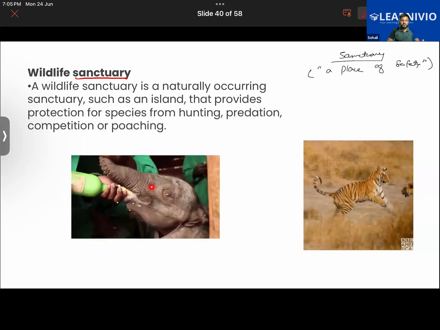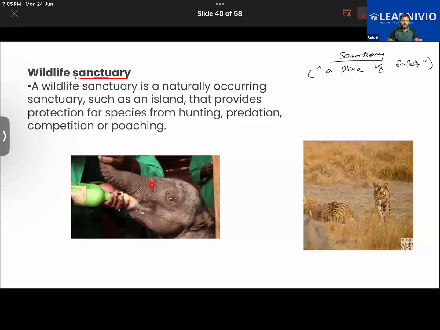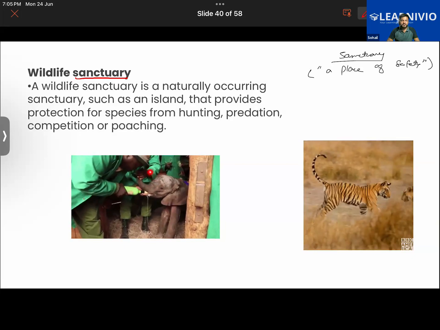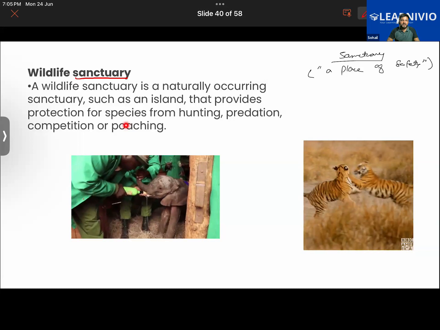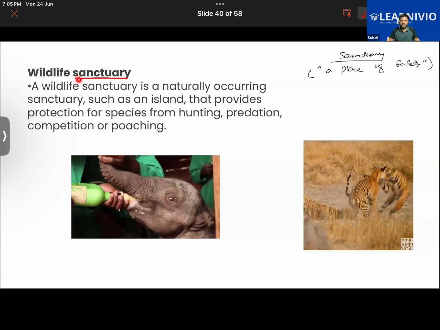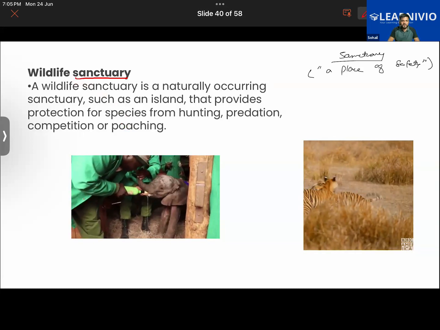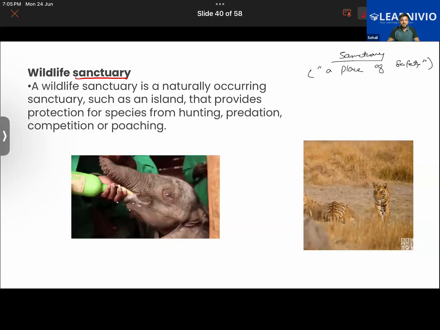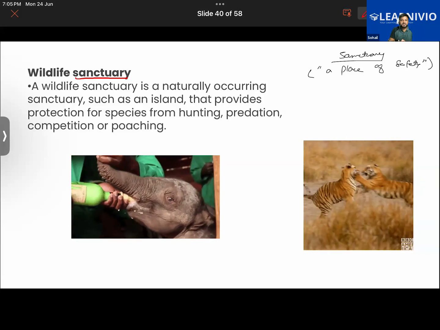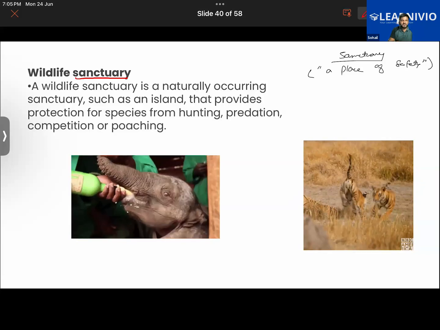But in books and research papers, the term wildlife is more often used for animals, so don't get confused. A wildlife sanctuary is the place where wild animals remain safe.